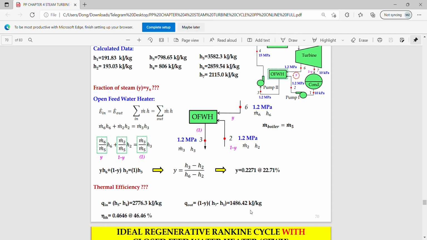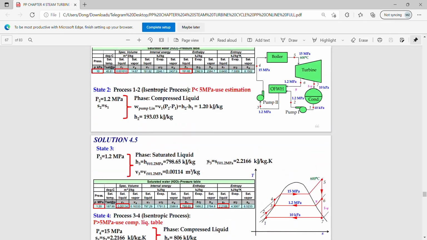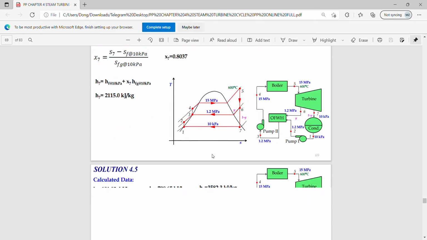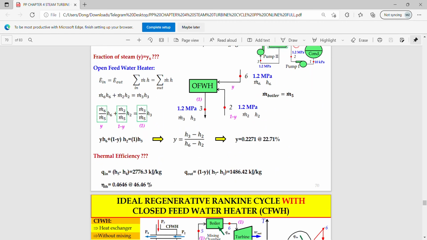To find the thermal efficiency, we substitute Q in and Q out into this formula. So we get the answer 46.46%. That's all from me. Thank you.